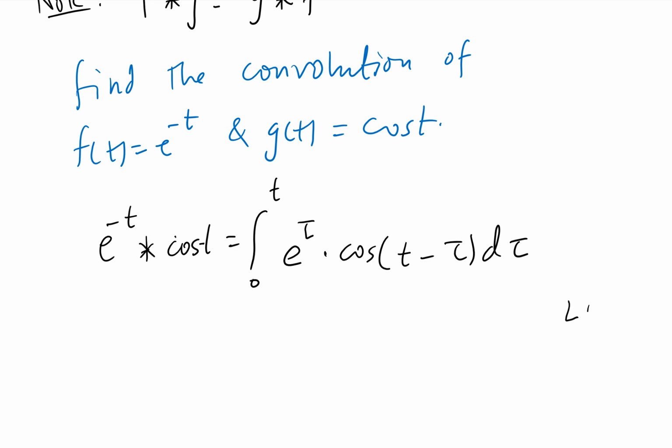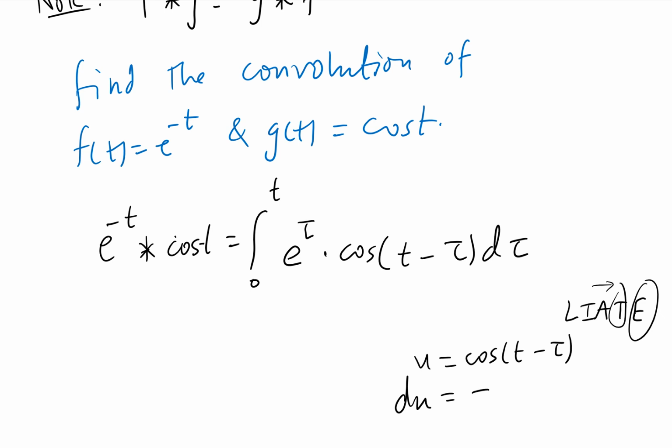From the integration by parts, we have this trick, LIATE, for exponential and trig. So trig comes first before exponential, so that's going to be my u. u is cosine of t minus tau. So du, differentiating with respect to tau, the derivative of cosine is negative sine, but there's a negative here, so that becomes sine of t minus tau d tau.